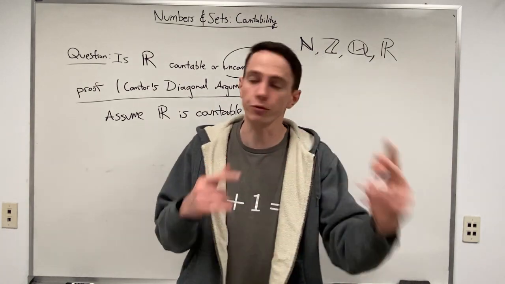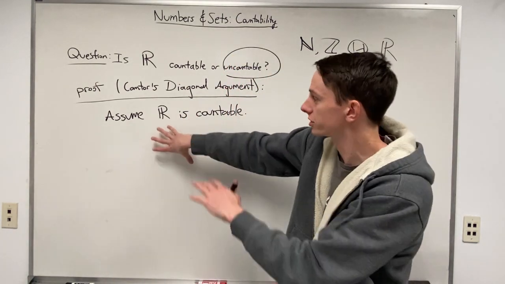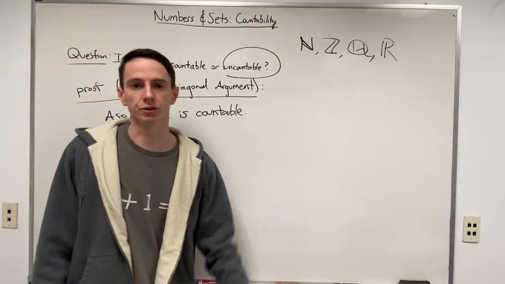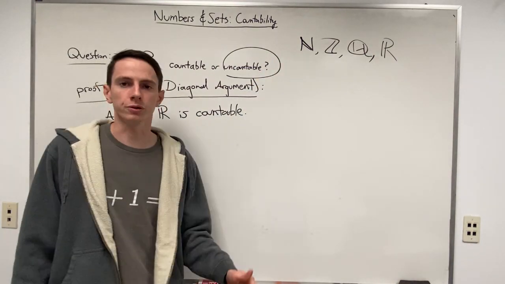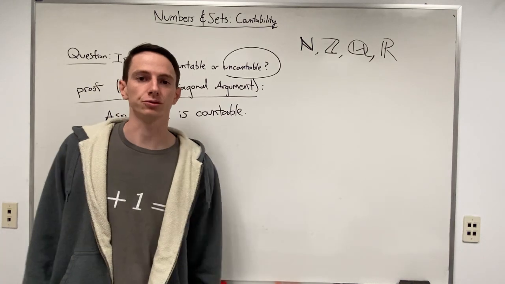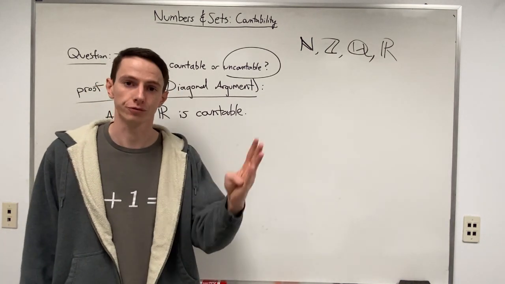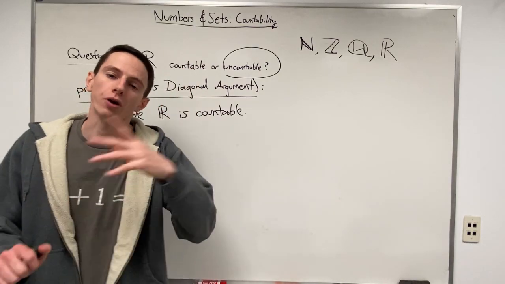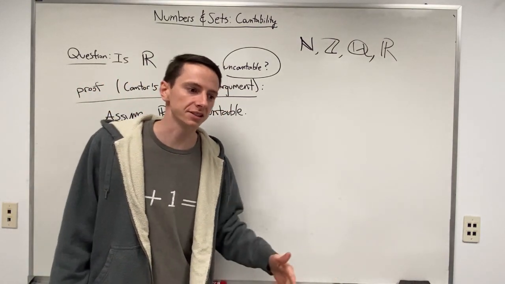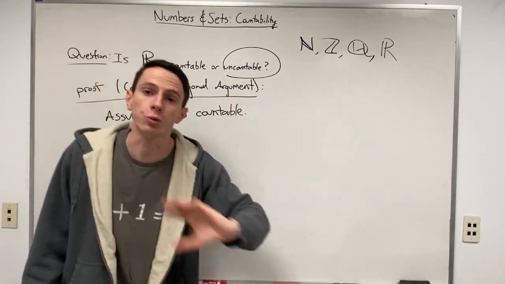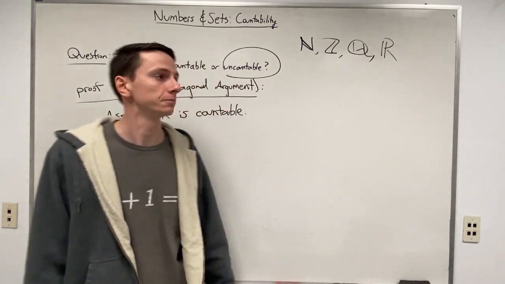I want to do that really quickly because we're going to refer to it in this proof. So let's say we're looking at the natural numbers, and if we were to write them all out, we would start with 1, 2, 3, 4, 5, and we could write out a comma-separated list of every natural number if we were able, in theory, to go on forever.